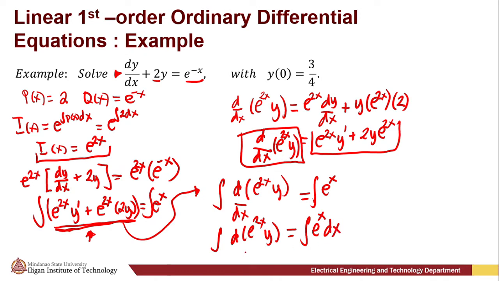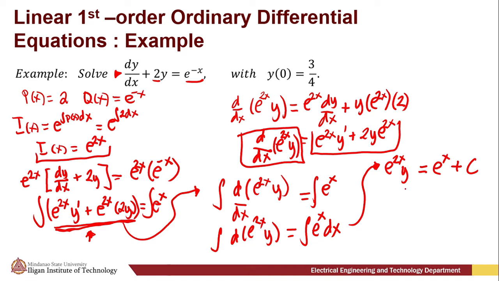Now it is easy for us to integrate both sides of our equation. This becomes e raised to 2x times y equals the integral of e raised to x dx, which is just e raised to x, plus our constant of integration c.